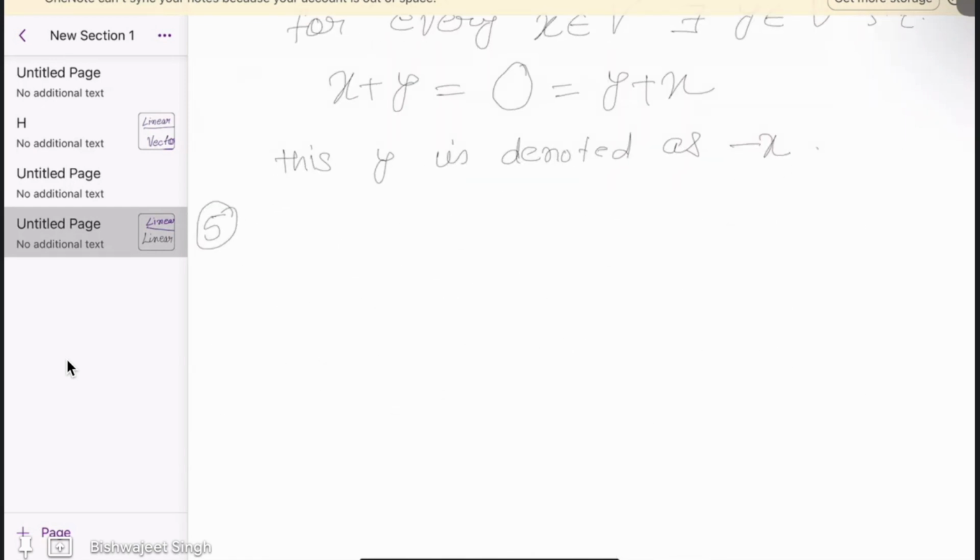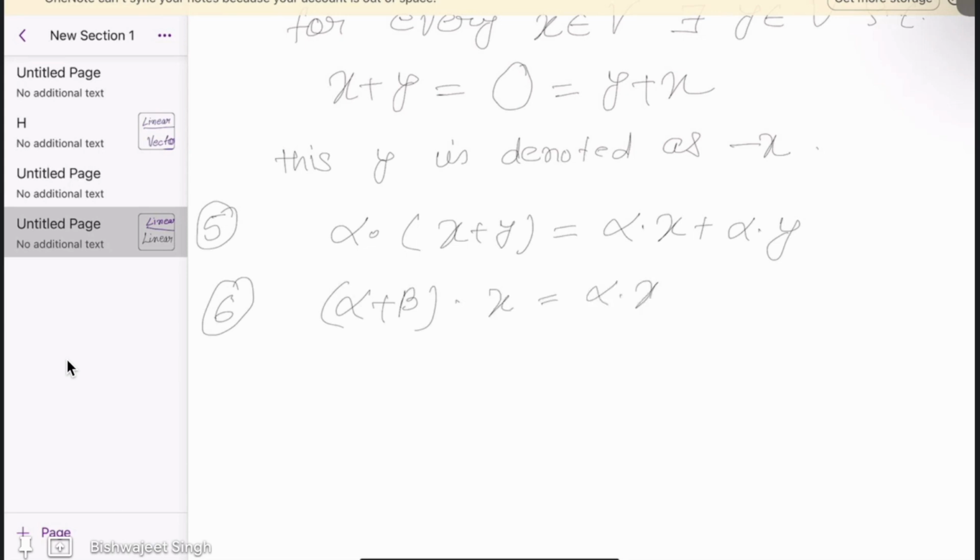The properties are that alpha dot x plus y must be equal to alpha dot x plus alpha dot y. Number 6 is alpha plus beta dot x is equal to alpha dot x plus beta dot x.